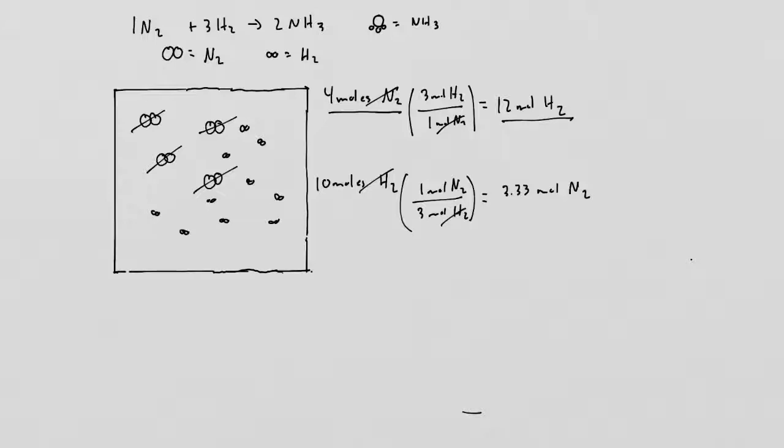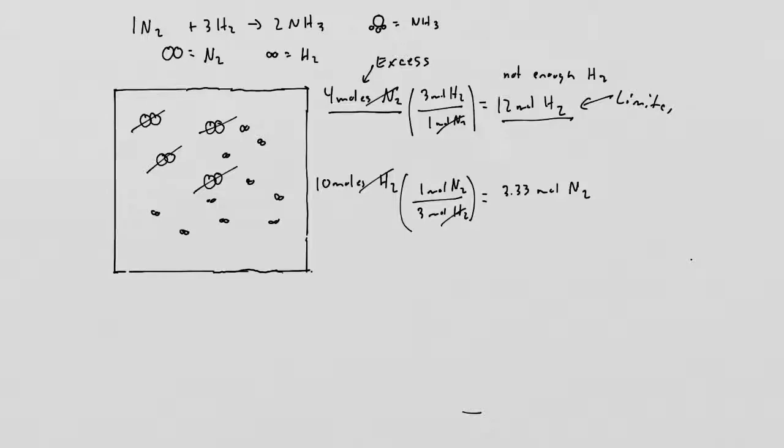I don't have 12 moles of hydrogen. So all of the nitrogen will not be able to react. That's the key idea. Since there's not enough hydrogen around, we know that nitrogen is the excess reagent. And we also know that hydrogen is going to be the limiter.